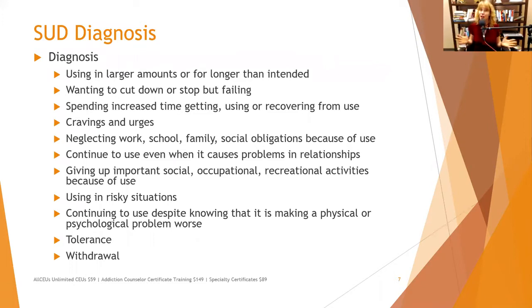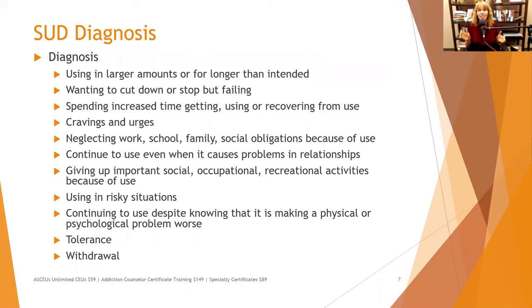So even if it's not causing problems, if you're giving this stuff up and all you're doing is using, that's a problem. Using in risky situations, and continuing to use despite knowing that it's making a physical or psychological problem worse. Those are your big criteria.